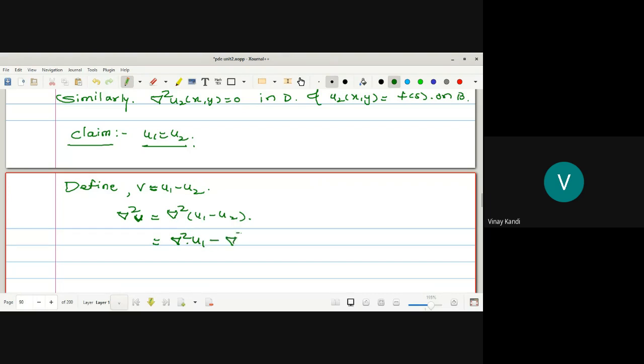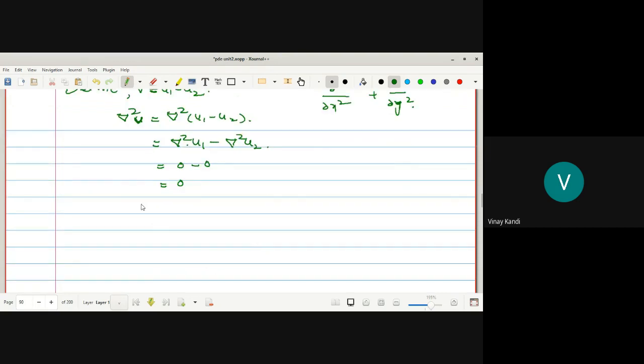Del square is a differential operator, d2 by dx square, something like that, and it is a linear differential operator. That's why we can operate this del square on u1 and u2. So del square u1 is 0, del square u2 is 0, which is equal to 0. Hence del square v is equal to 0.